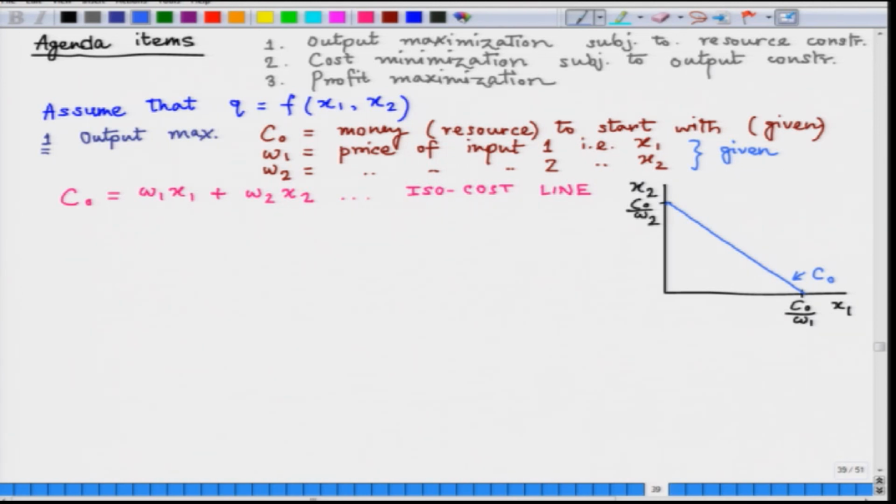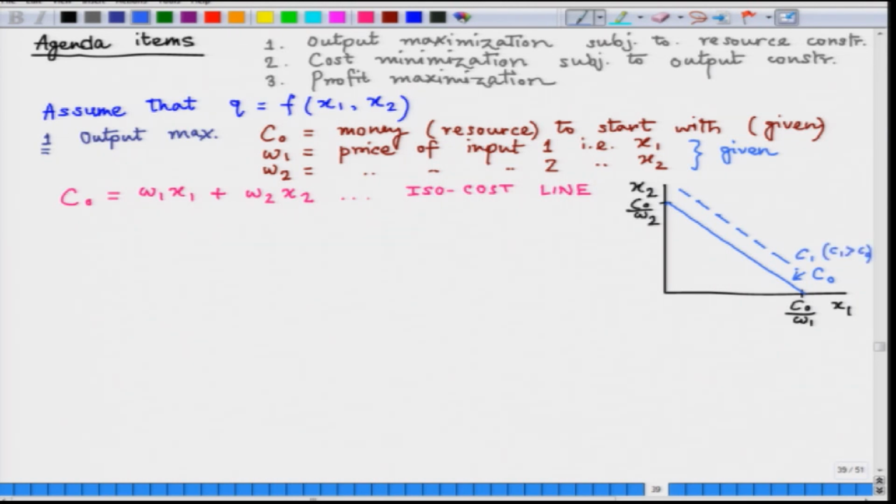So, note that if I now increase the monetary resources to the firm to a level C1, this curve will move up parallelly. Right. So, let us denote this by C1.